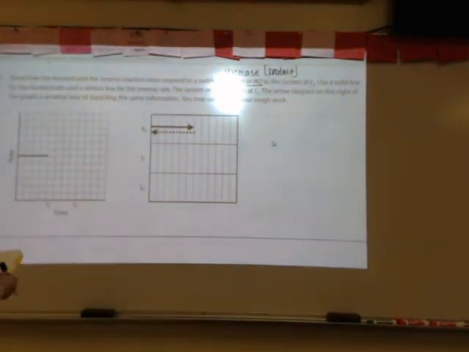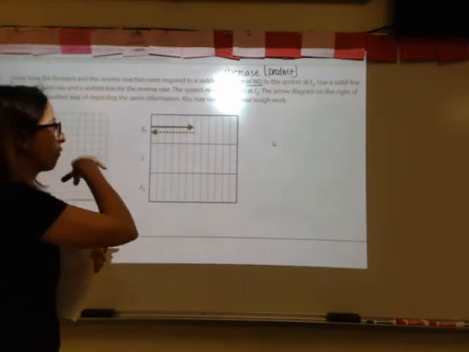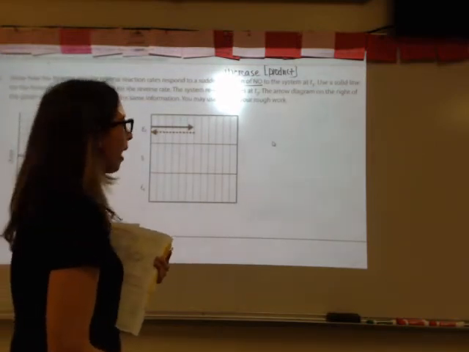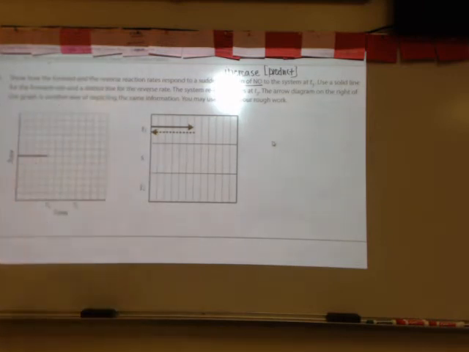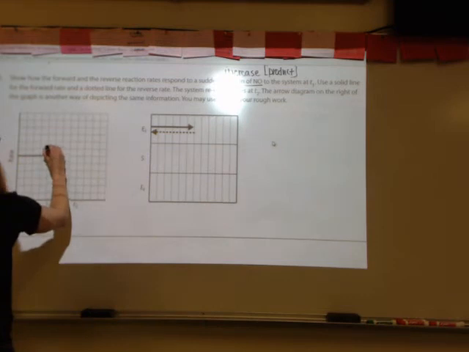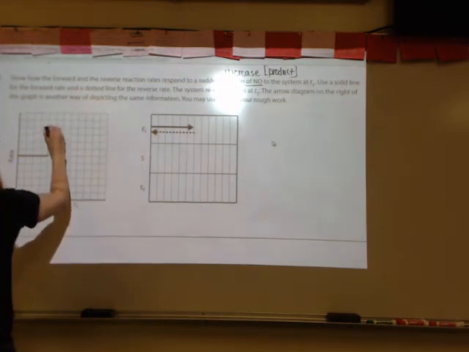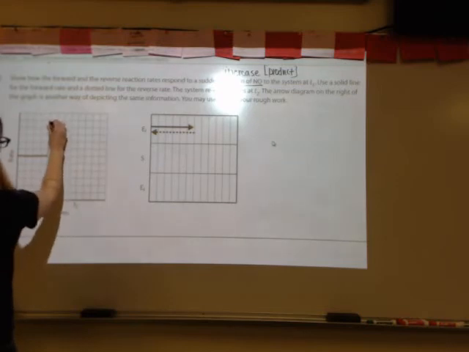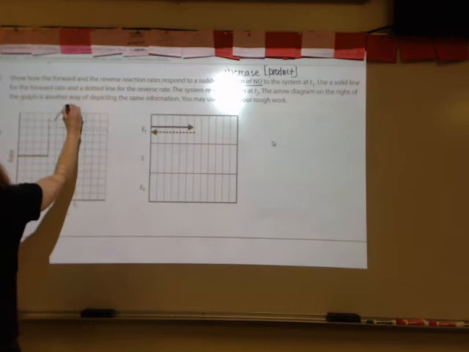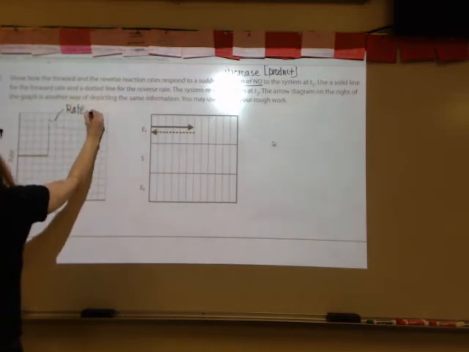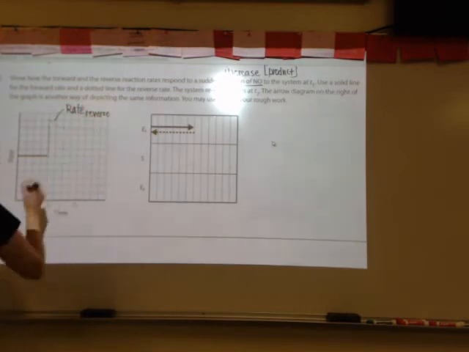And since I'm increasing the concentration of product, I need to shift to the left to consume some of that added NO. So that means my reverse reaction rate is going to increase. So this dotted line, which is my reverse rate, is going to increase. Eventually at T2, it will come down and level off. Okay, so this is my reverse rate.